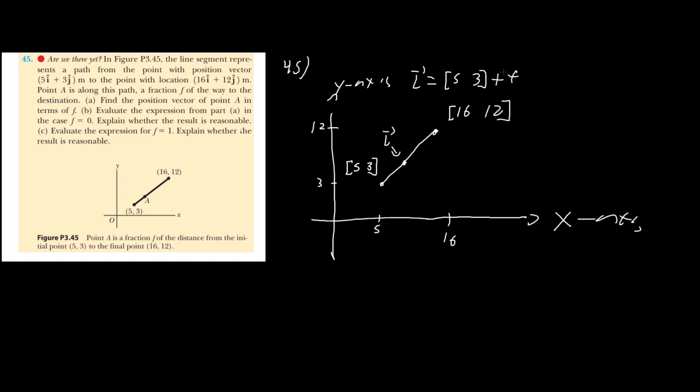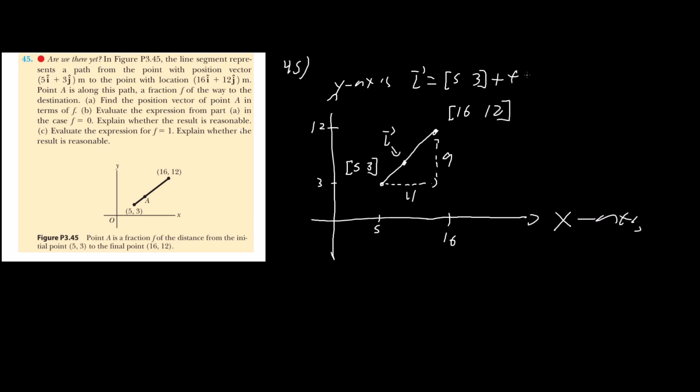But in order to get the vector component, I'm going to take the difference between this and this, and multiply it by this. Well, we can already tell that this is going to be 11, and 3 and 12 is 9. I don't know how to do this off the top of my head.